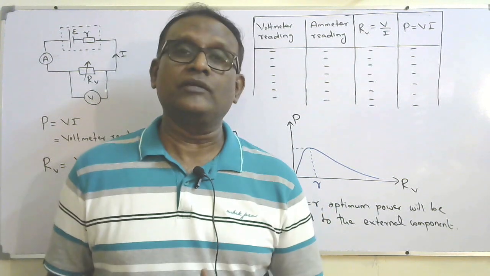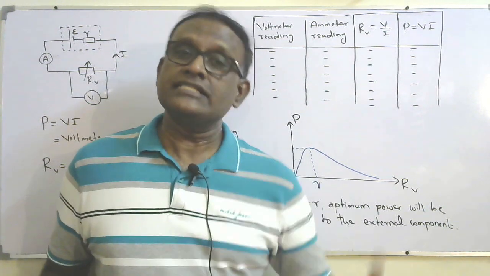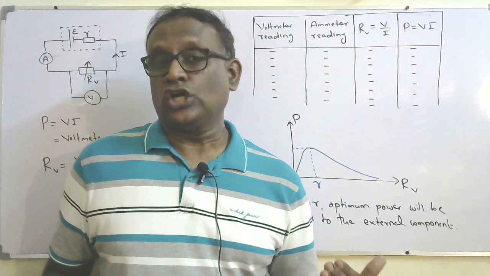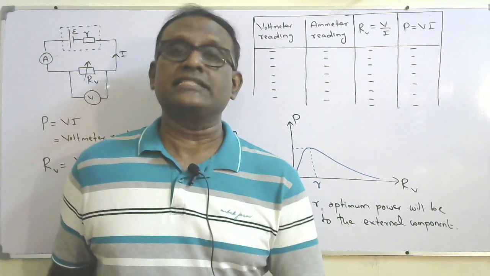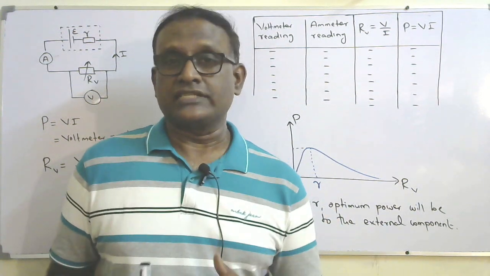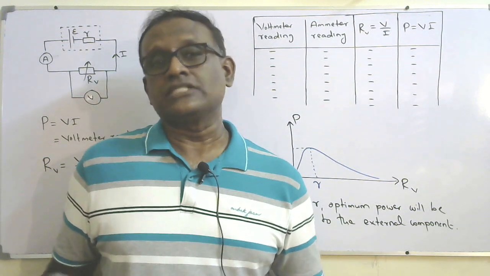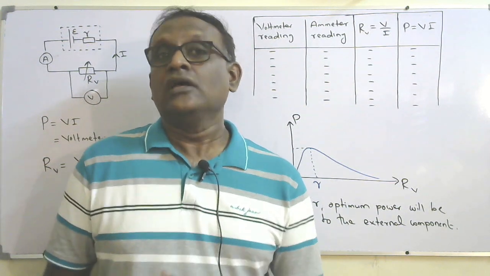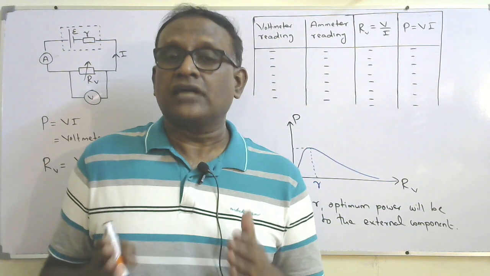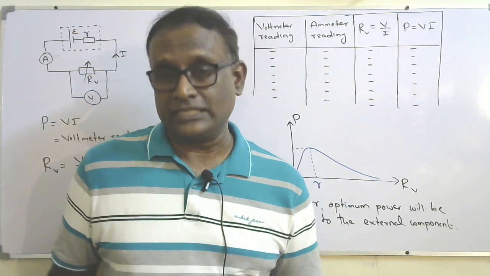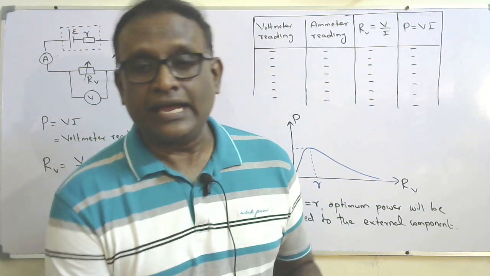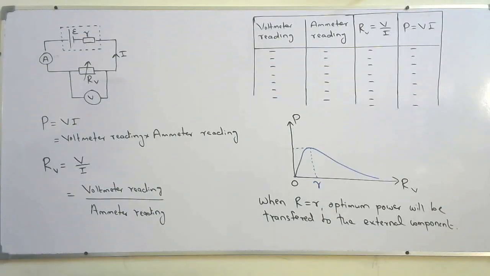There the optimum power will be transferred. Then when the resistance of the external component is larger than the internal resistance of the cell, what will be the efficiency? Okay, so from that you can find out optimum power transfer does not mean maximum efficiency. Okay, I'll do that question now.